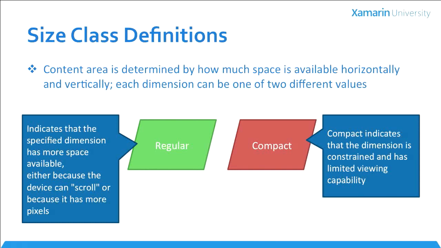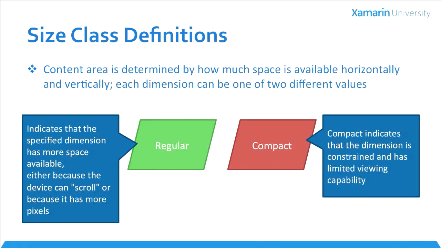And those two size classes are independent. So we could have a device with a size class that's regular in the vertical dimension, but compact in the horizontal dimension, or it could be regular in both dimensions. And that's a good example of an iPad, which has a large amount of space both horizontally and vertically.